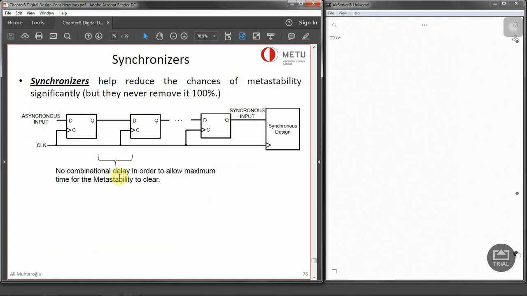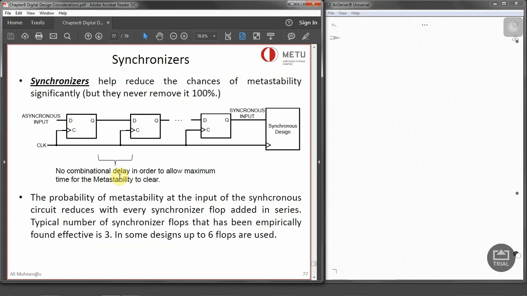With a synchronizer, the asynchronous input comes in, but after a couple of flip-flops with the clock, it can be synchronized. Generally, the best approach is to have 3 or 6 flip-flops in cascade. But the problem is they never remove it 100%, so we will still have a small amount of metastability. And we need to take care that there is no combinational delay between the flip-flops.